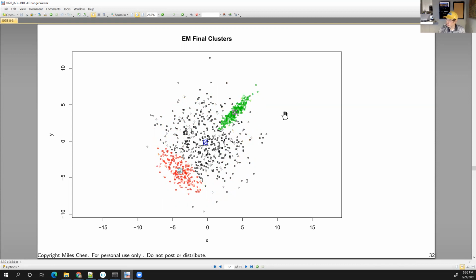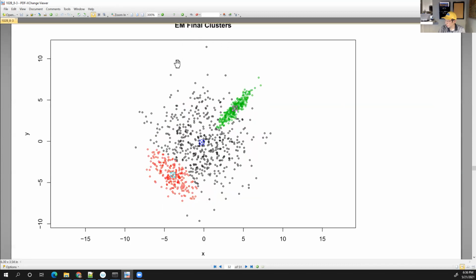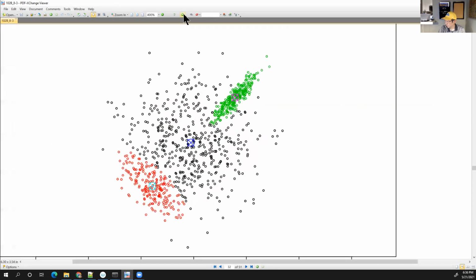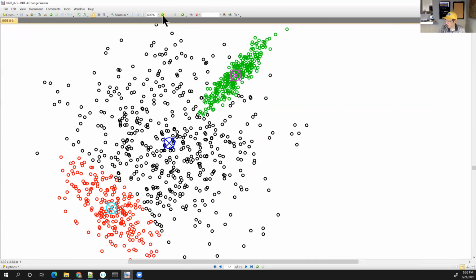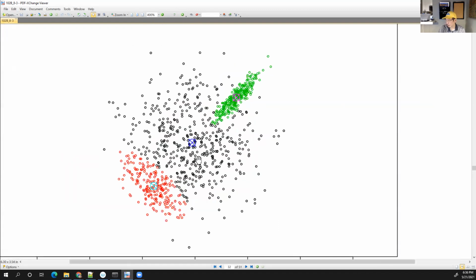Again, these are all probabilistic assignments. It's hard to see the probability when you're representing it with a single color, but these observations near the border between the red and the black are probably like 51% red, 49% black, or something like that.